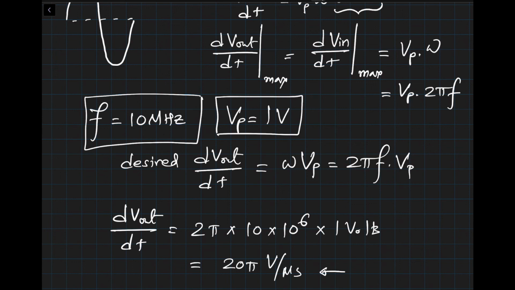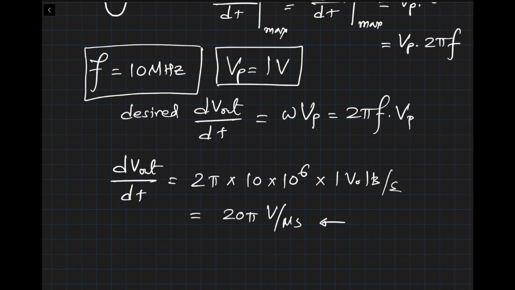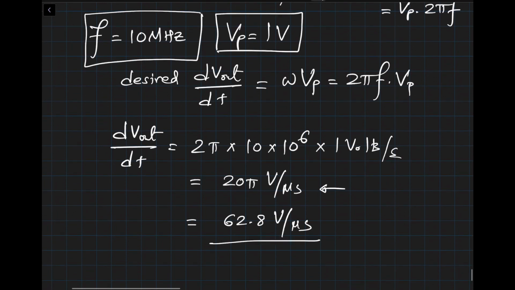Keep close attention to your units. This is equal to 62.8 volts per microsecond. So you can already see this number is much larger than the slew rate of the op amp, which we said is 10 volts per microsecond.